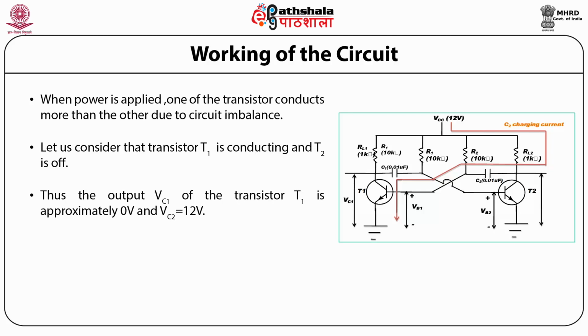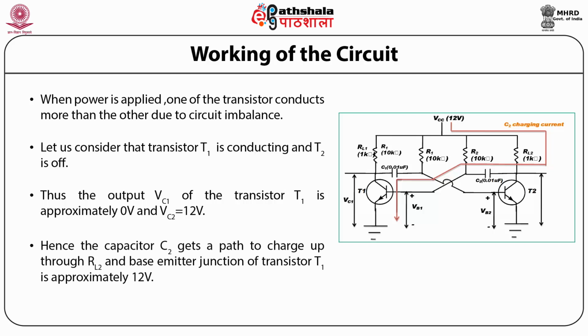Thus, the output VC1 of the transistor T1 is approximately 0 volts and VC2 is 12 volts. Hence, the capacitor C2 gets a path to charge up, which is shown by this arrow in the figure, through RL2, and the base emitter junction of transistor T1 is approximately 12 volts.